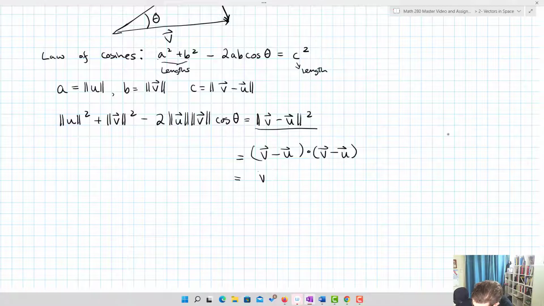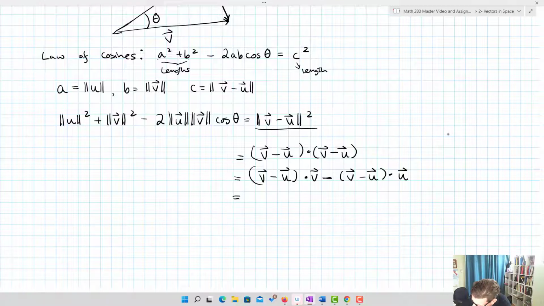Then we can use the distributive property, and we end up with v minus u dotted with v, minus v minus u dotted with u. Basically that's our distributive property, and we also factored in a scalar.